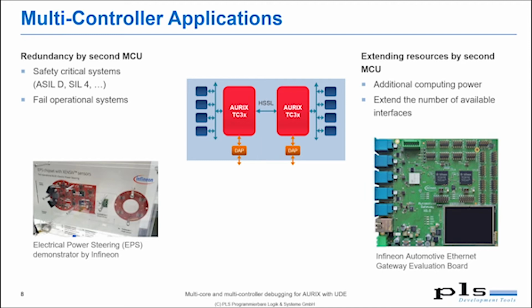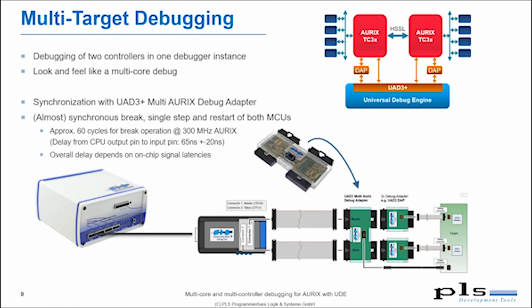So in this application, we have two independent applications running on both MCUs, but they are also communicating very closely with each other. And when we have also some kind of a live check, then we have the same problem as seen before. The application gets immediately into an error state as soon as we break one of the two MCUs with the debugger.